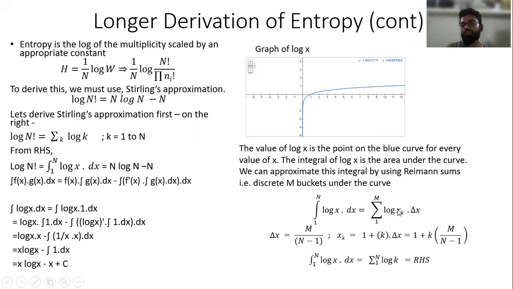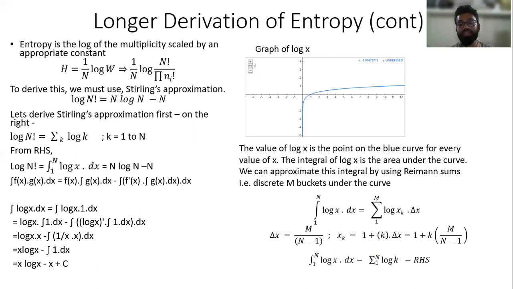So this summation becomes log of 1 plus k essentially, and delta x is 1, as I mentioned. So the integral of log x dx is equal to log of 1 plus k. And again, k is a large number, so we can approximate further by treating log of 1 plus k as log of k.